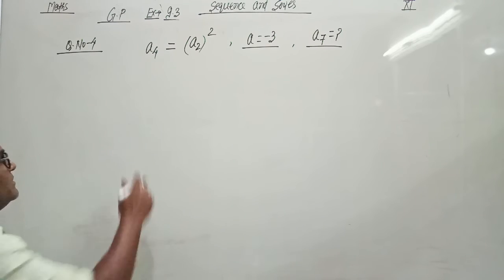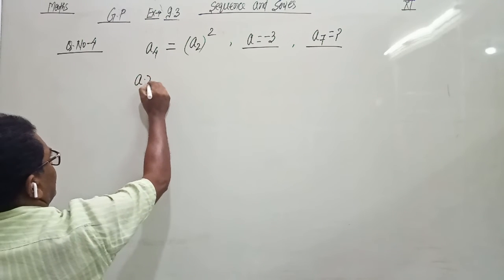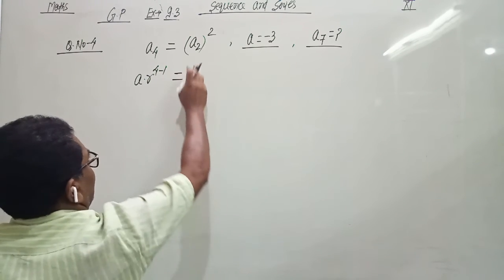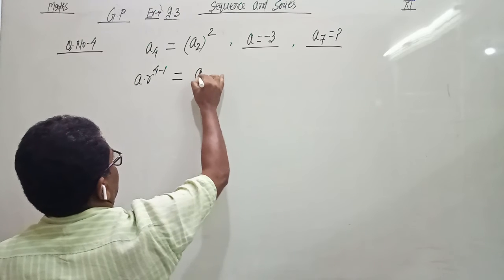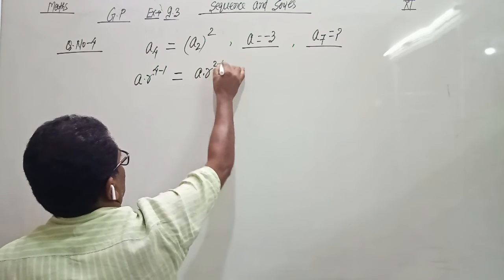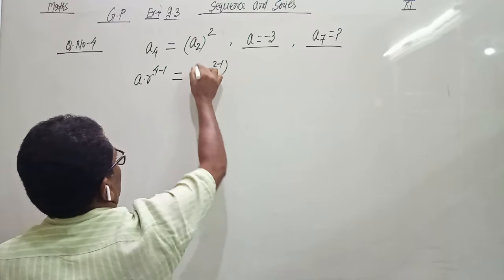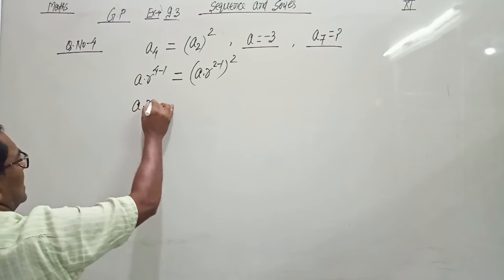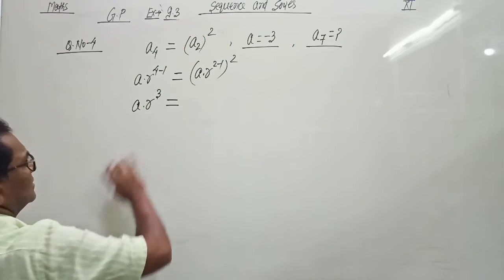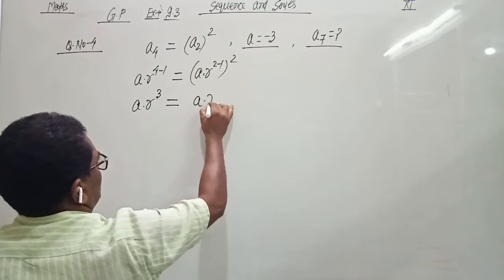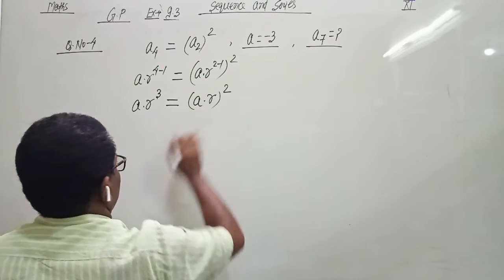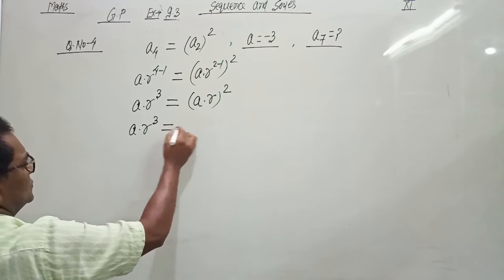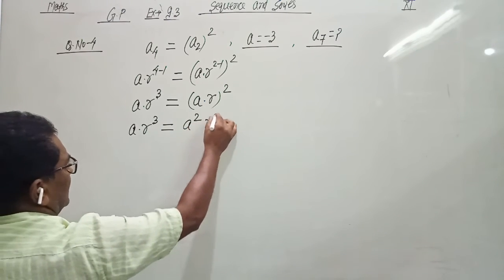So the fourth term means A into R raised to the power 4 minus 1, and the second term means A into R raised to the power 2 minus 1, the whole square. It becomes A into R cube equals A square R square.